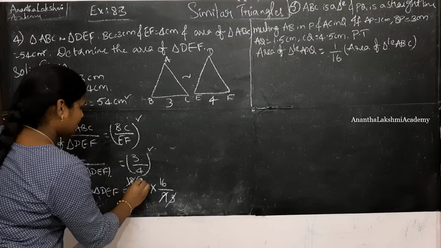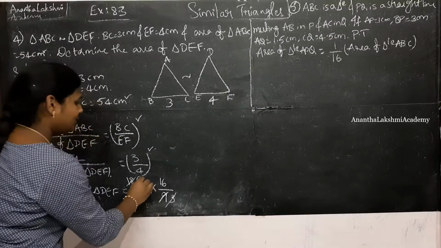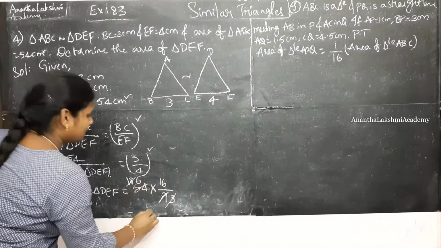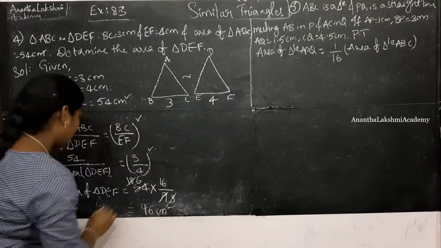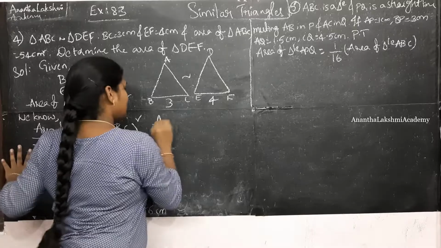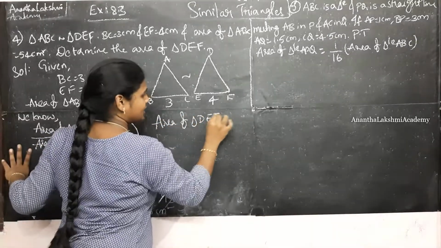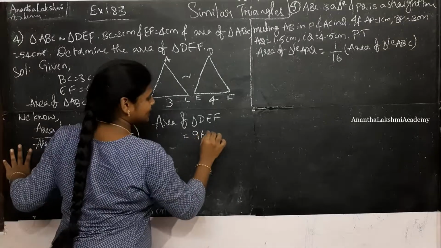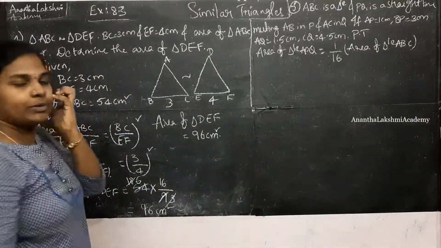Okay, 3 6s are. Okay, so area of triangle DEF is equal to 6 16s are. 6 6s are 36, 6 1s are 6, 96 centimeters square. So area of triangle DEF is nothing but 96 centimeters square. Alright, that is about problem number 4.